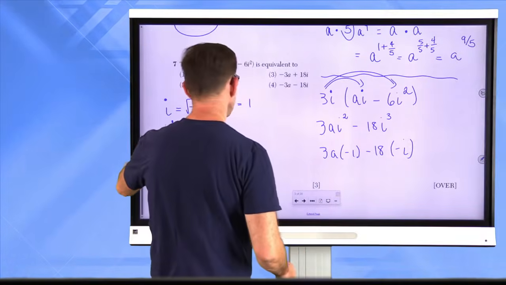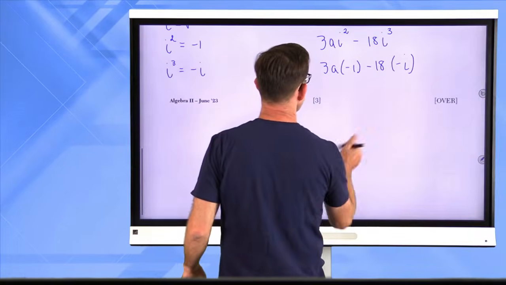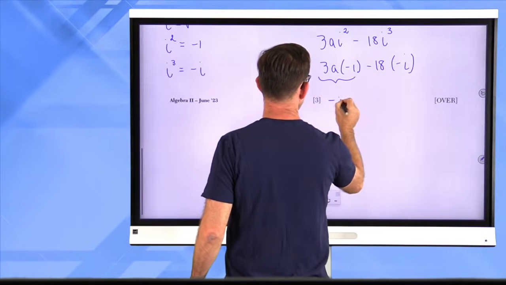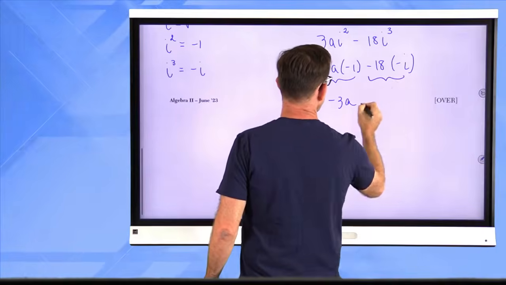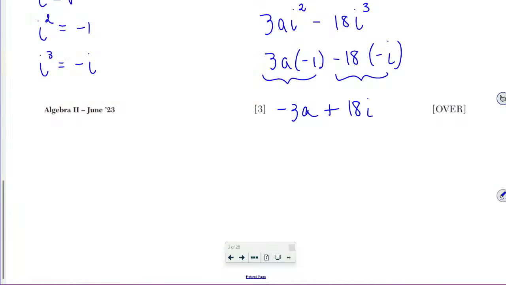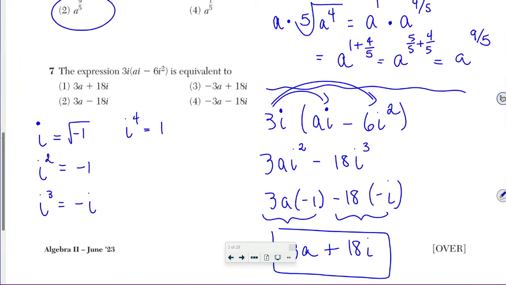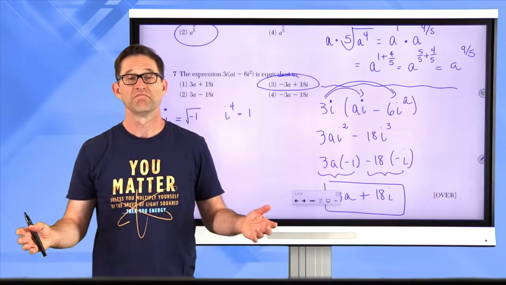So at the end of the day, we can extend this page a little bit. This will become negative 3a. This will become plus 18i. And that will be right here, negative 3a plus 18i. Done.